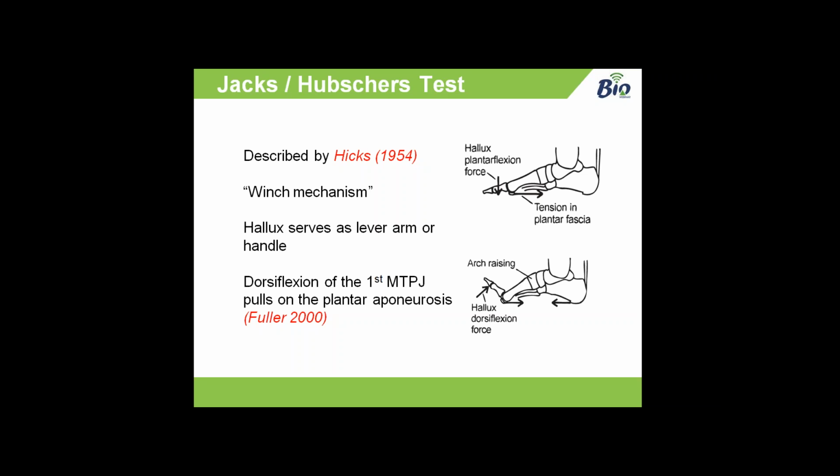Now, this is very much described in engineering terms, but this notion has been supported for over half a century now, and Fuller came to the same conclusions regarding its workings in the year 2000.